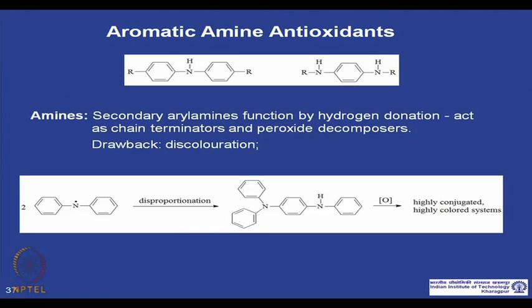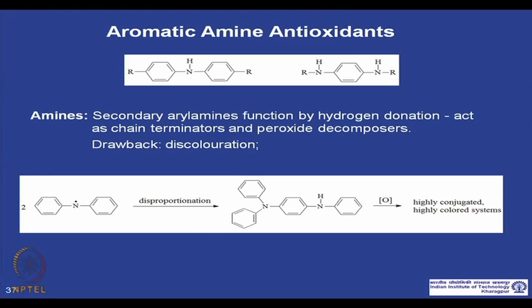The aromatic amine antioxidants, hindered amines, which as we said, increase the rate of termination reactions. They are amines, secondary aryl amines, and function by hydrogen donation, and they act as chain terminators or peroxide decomposers.